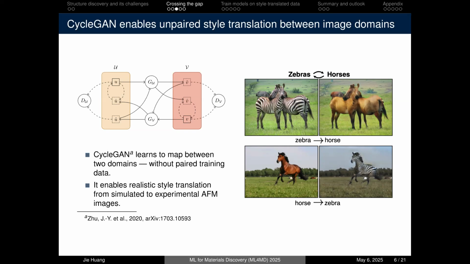For example, this is a picture from the CycleGAN paper. We input a zebra image, and it will output a horse image. The interesting part is that this model learns where to make modifications and keeps the irrelevant parts the same.